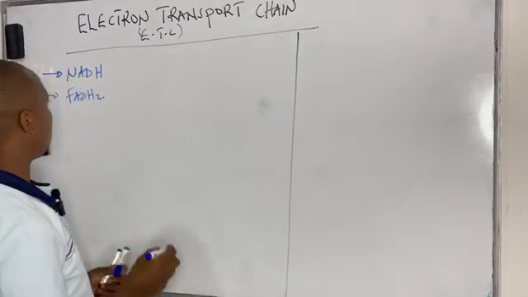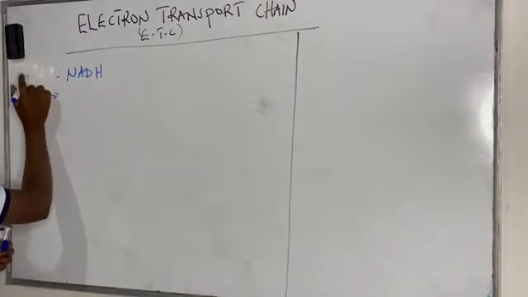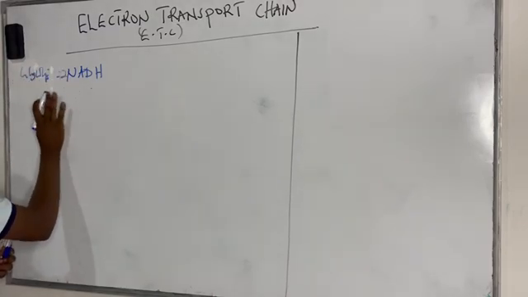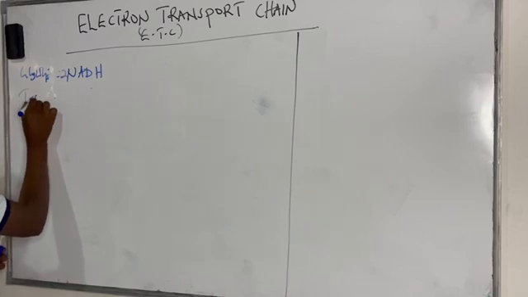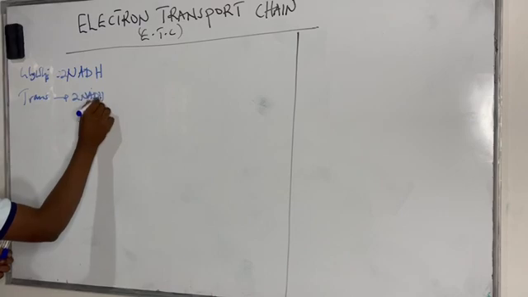In glycolysis, as we saw, you produce 2 NADH. Then in the transition stage, we also produce another 2 NADH.